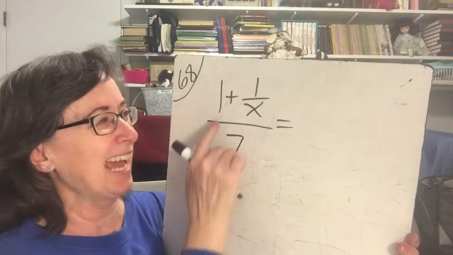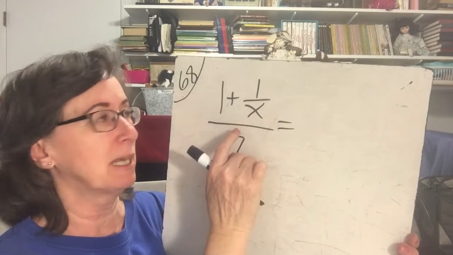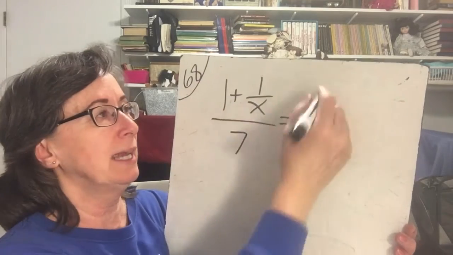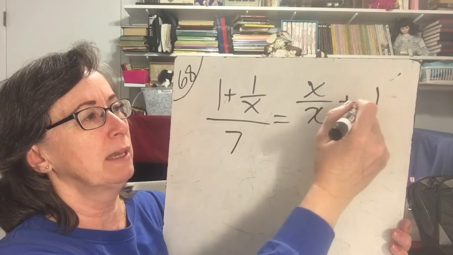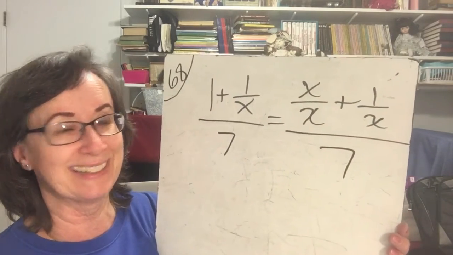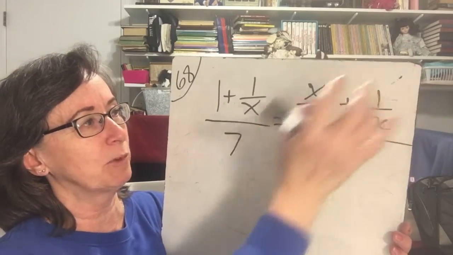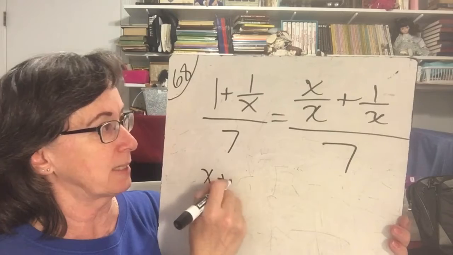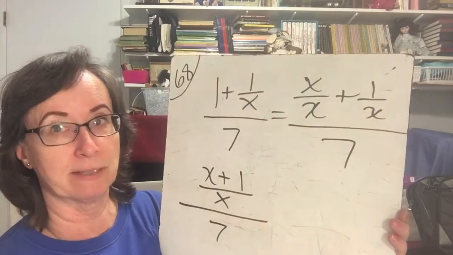Since I need an x on the bottom to match this x, so I have a common denominator, I'm going to make this 1 into an x over x plus a 1 over x, and then I'll deal with this 7 in a minute. All right, well, x and x, common denominator, so I add the numerators together and I get x plus 1 over x divided by 7.